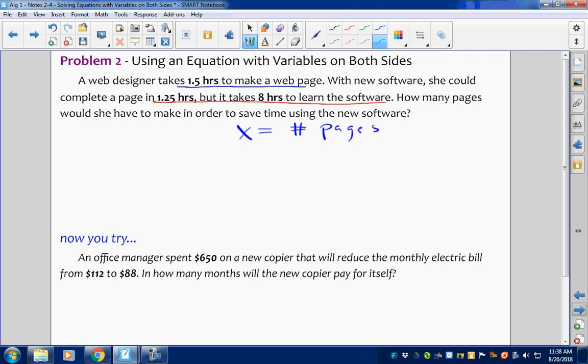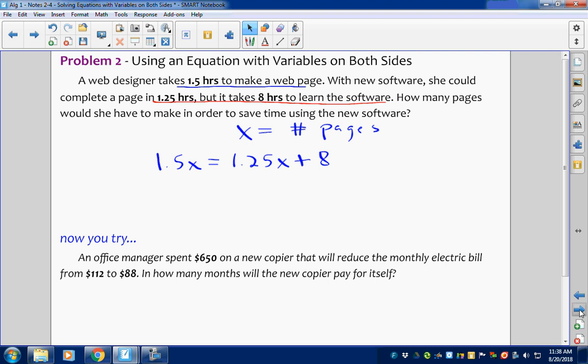So we've got 1.5x equals 1.25x plus the 8 hours of professional development to improve her skill and her ability to complete some web pages. So then we have to just solve that for x. And it'll tell us how many hours.